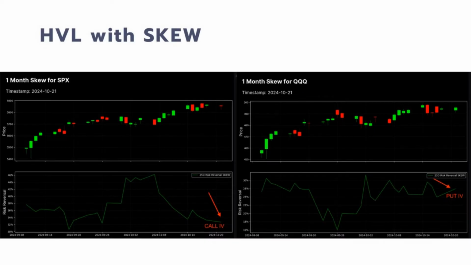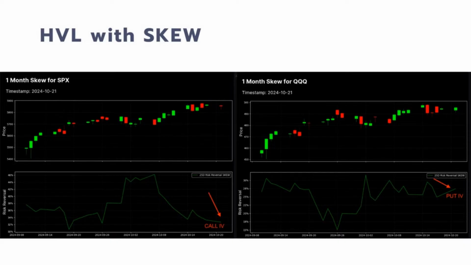Finally, like we talked about yesterday, we want to look at the skew in conjunction with the high vol level. For the asset that we are trading, we want to see if we are experiencing a bearish skew or a bullish skew. This is a chart we took from yesterday.